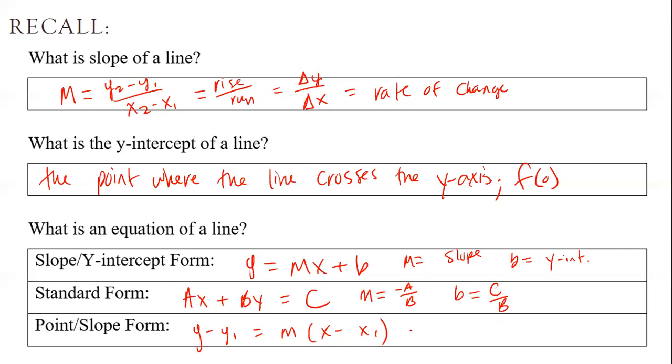Point-slope is a little different. It tells you your slope, and you're using a given x1, y1. You would have to use that information to find your y-intercept. All right. Questions so far?